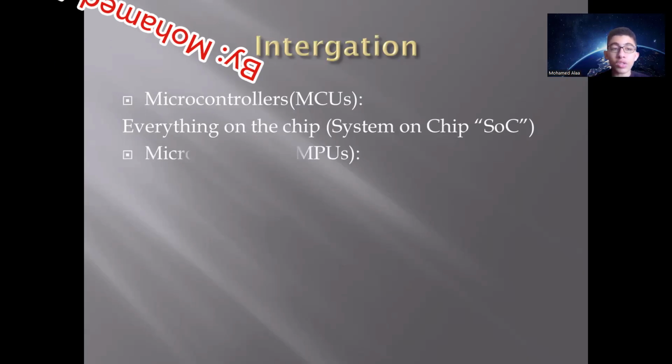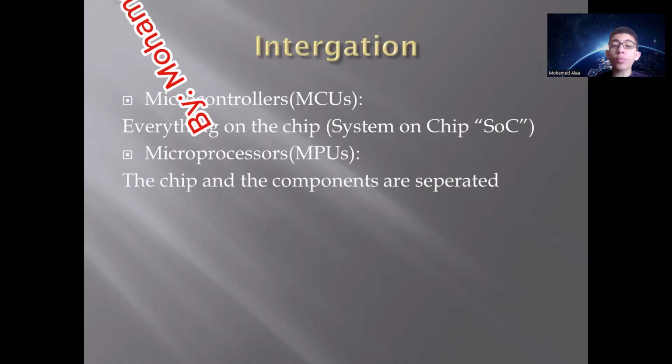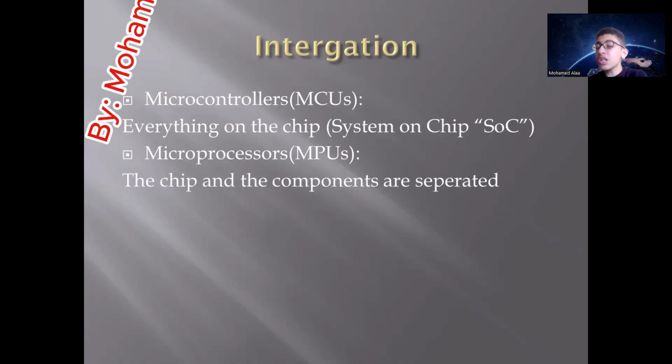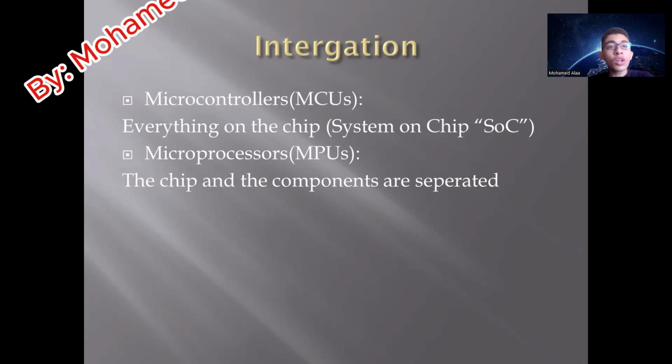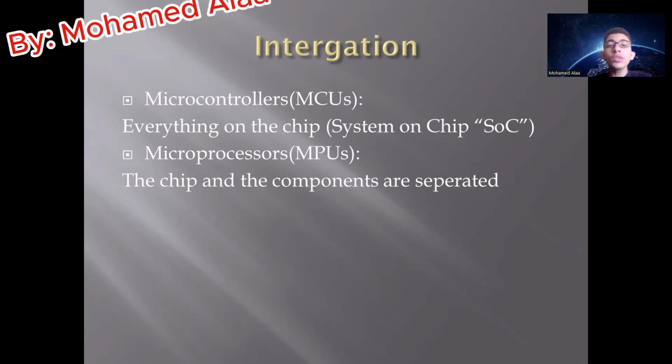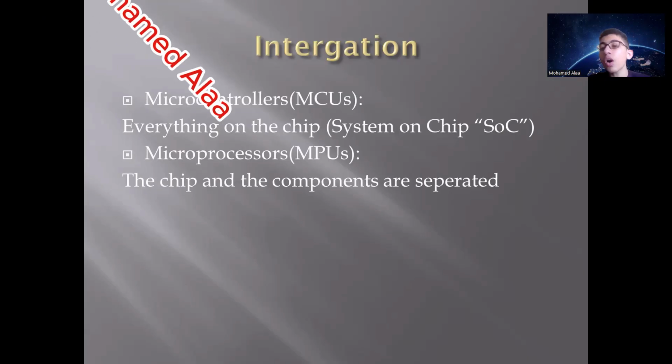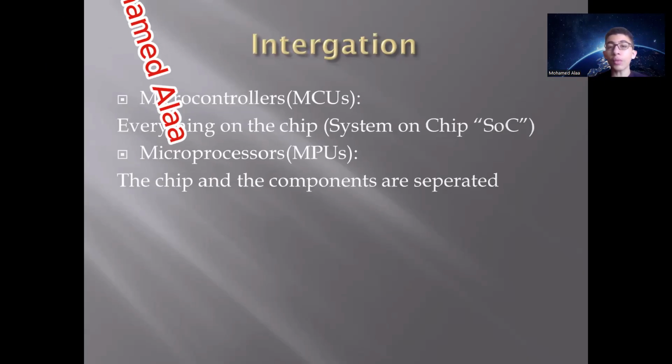But what about microprocessors? The chip and the components are separated. You have the keyboard here, your mouse is here, the screen is here. They're not basically in one thing. No, they're just separated things, but are connected by wires. You get me?